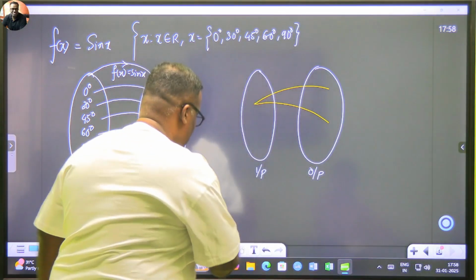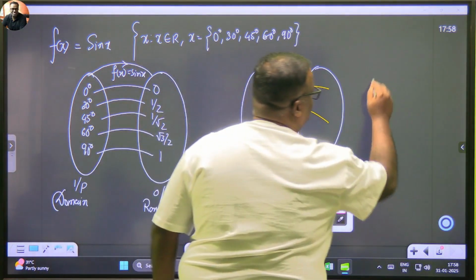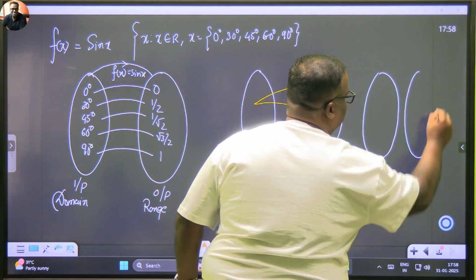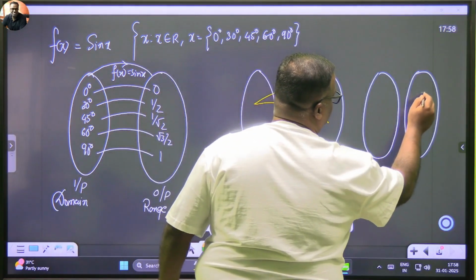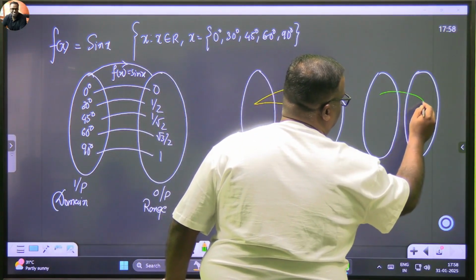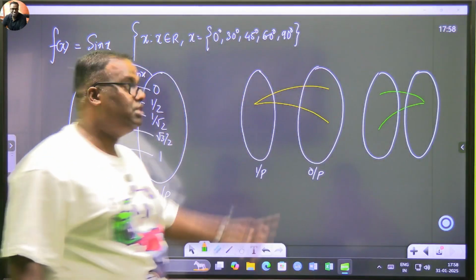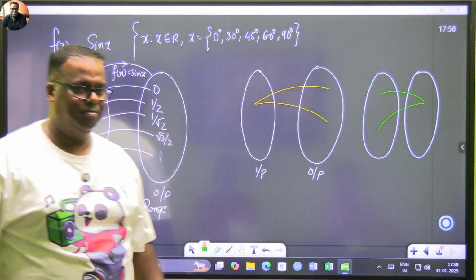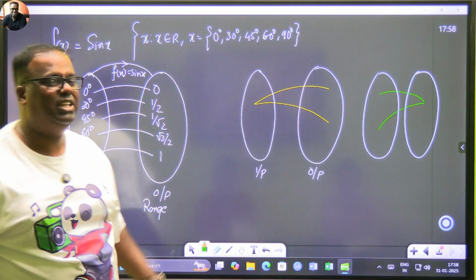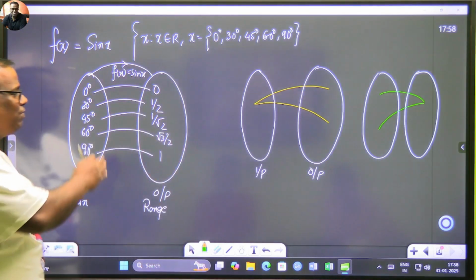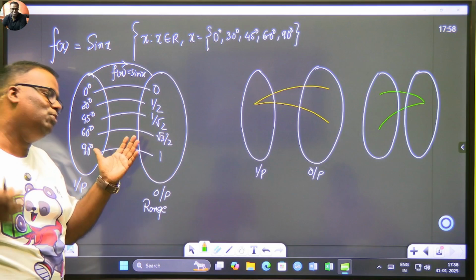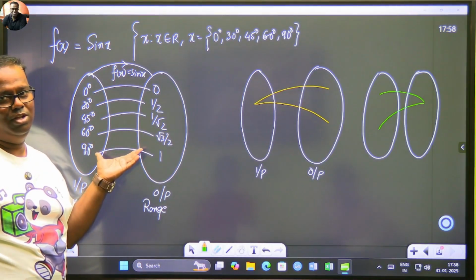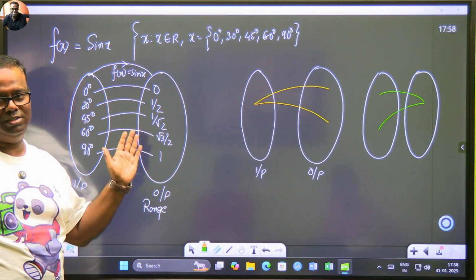That means if you get a mapping like this, this is a function. Later, in higher classes, we will learn the types of functions; these are not in your course, but I'm saying this because this is what you learn. This is called a 1-1 function. 1-1 means 1 maps to 1.